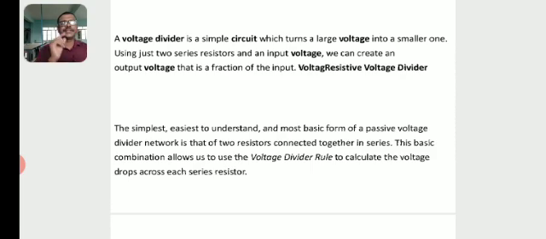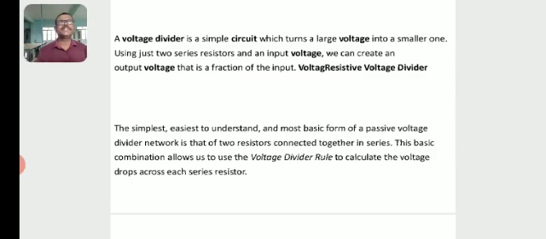A voltage divider is a simple circuit that turns a large voltage into a smaller one using just two series resistors and an input voltage. We can create an output voltage that is a fraction of the input voltage.